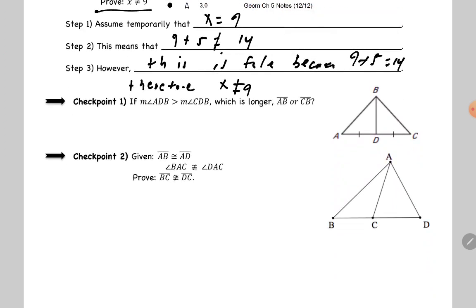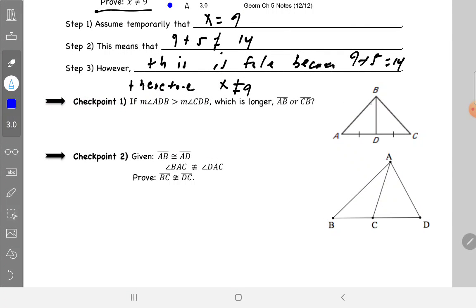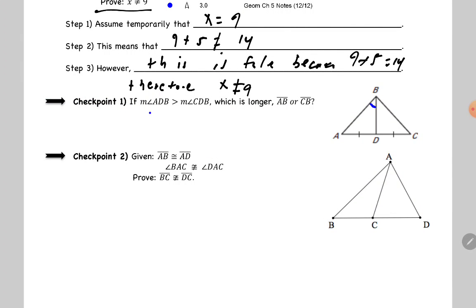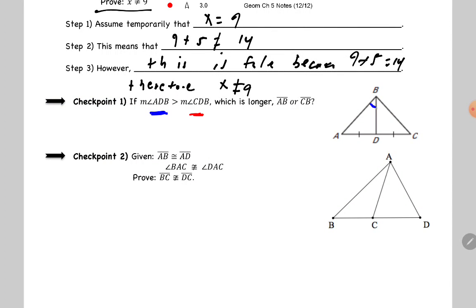Alright, so if the measure of angle ABD, so let me use colors here, is bigger than CDB, so blue is bigger than red, which is longer? Oh, sorry, I messed up.